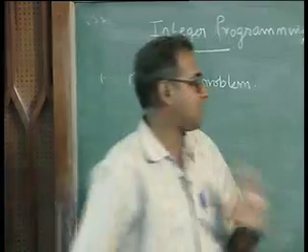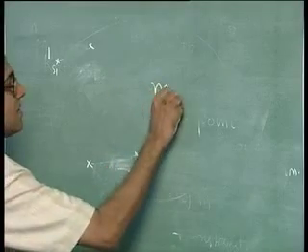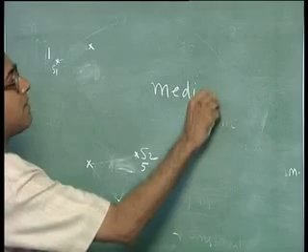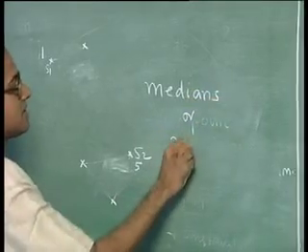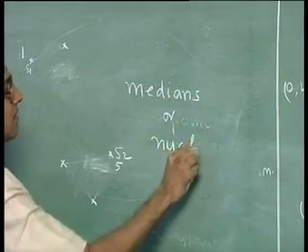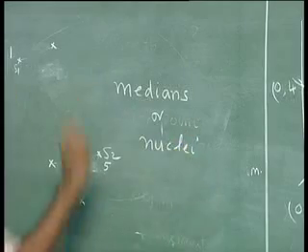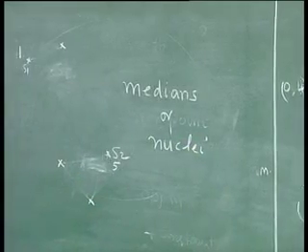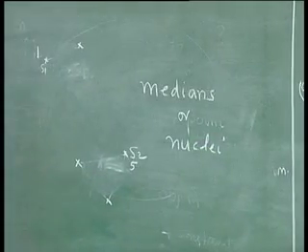Now these p seed points are called medians. Medians are nucleus points, nuclei and so on. We will call them medians.